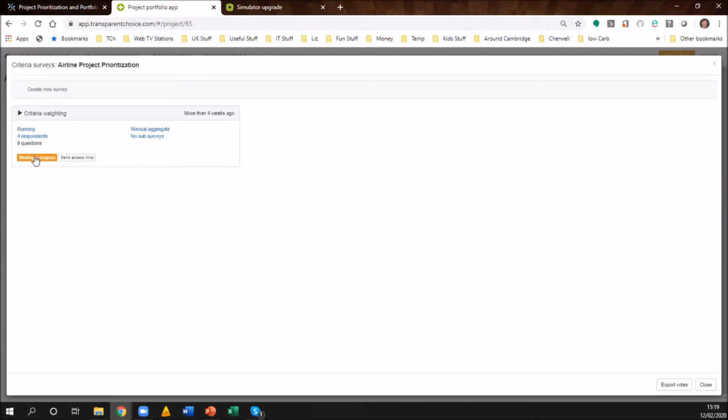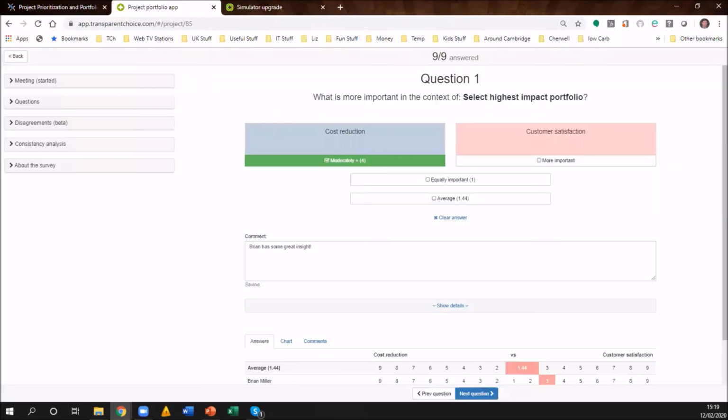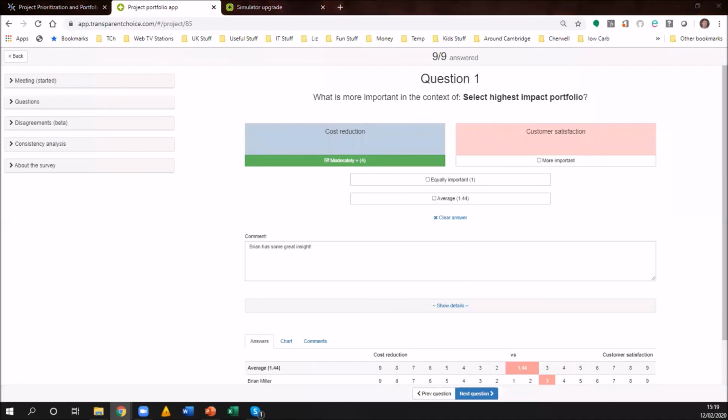Then you pull your executive team together, and they are never asked, what weight should I put on a particular criterion? Instead, they are asked, is criterion A or criterion B more important?